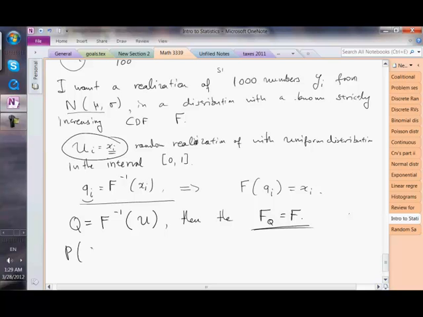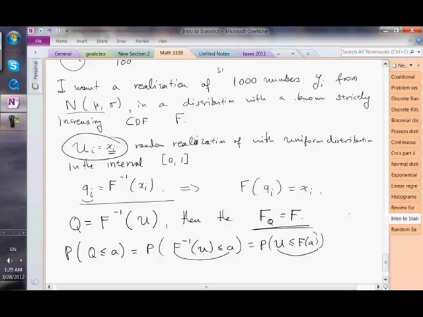The probability that Q will take a value less than or equal to A is actually the probability that F inverse of U will take a value less than or equal to A, which is actually the probability that the random variable with a uniform distribution will take a value less than or equal to F of A. To move from this inequality to this inequality, what I use precisely is that F is strictly increasing, and therefore it's invertible. So I just use the theory of inverse functions.